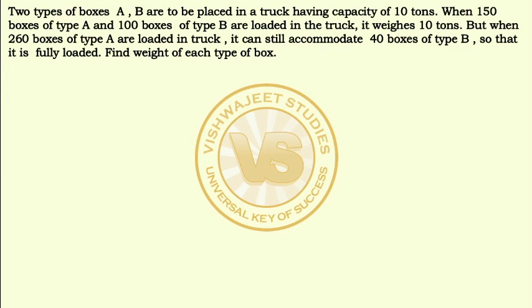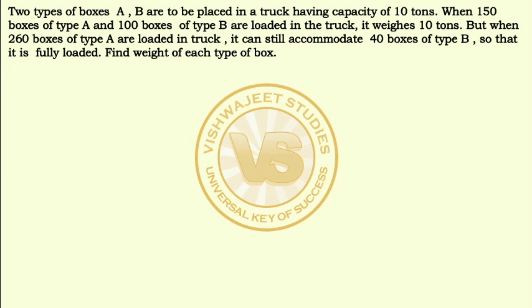But when 260 boxes of type A are loaded in the truck, it can still accommodate 40 boxes of type B, so that it is fully loaded. Find the weight of each type of box.